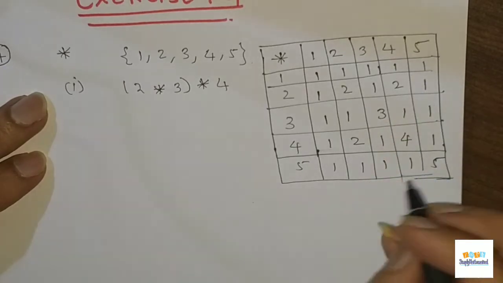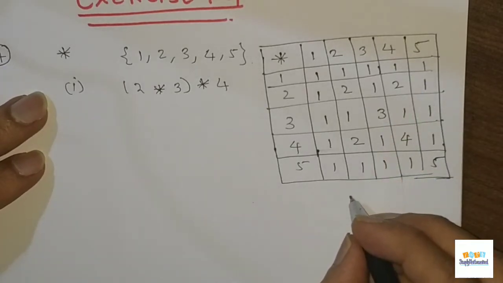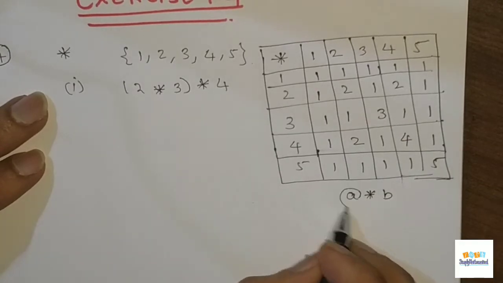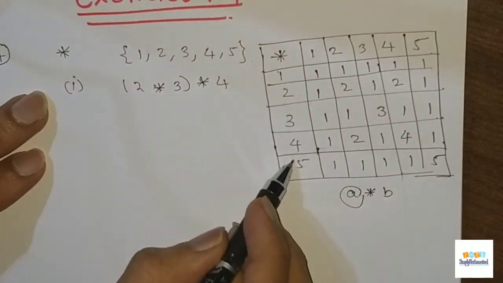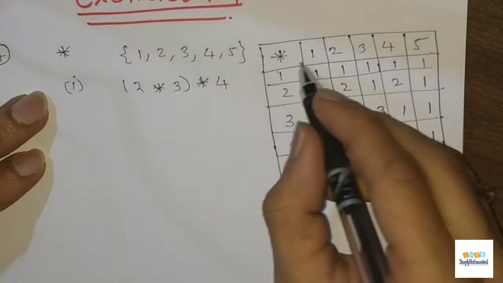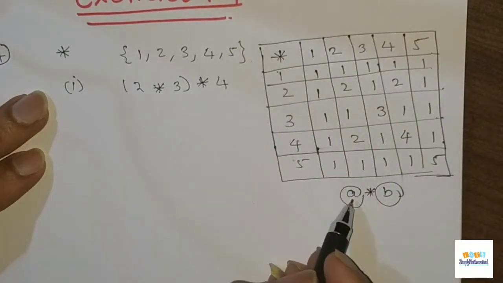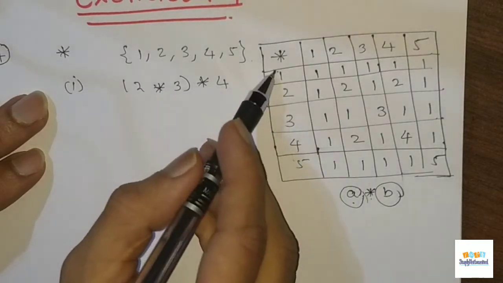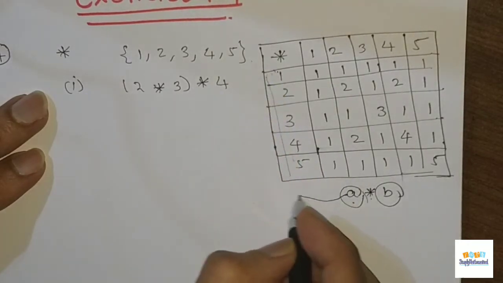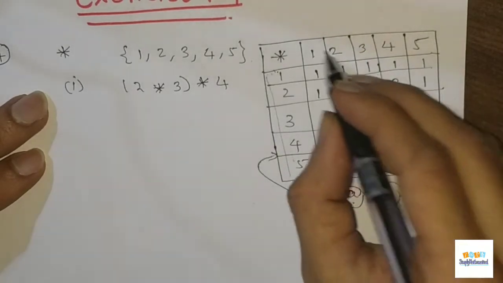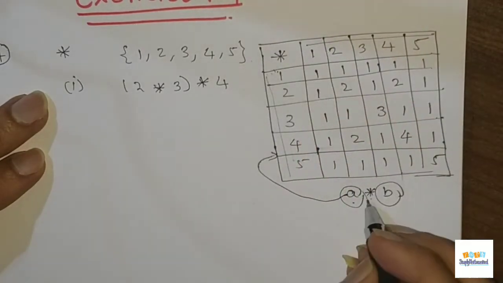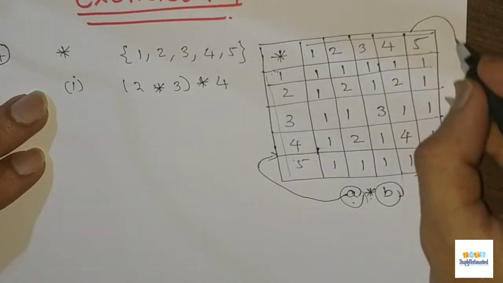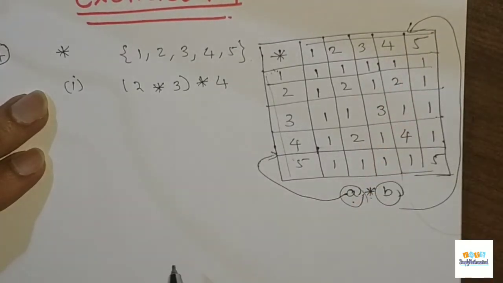Now if you want to find the value of the binary operation a star b, this element a is in the column and this element b is in this row. This element a, which is on the left hand side of the operation star, is in this column, and this element b, on the right hand side of the operation star, is in this row.